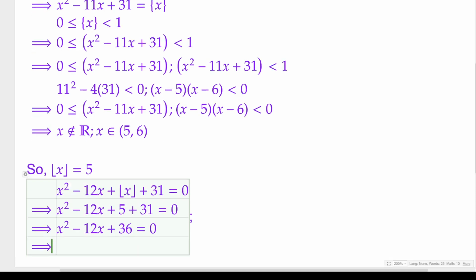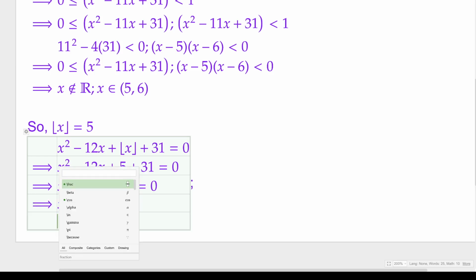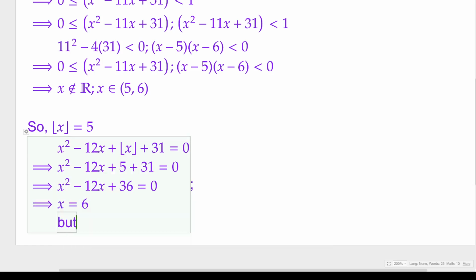And then for this one we can say that x equal to 6 will be satisfied. But here one condition is there: x belongs to the open interval (5, 6).